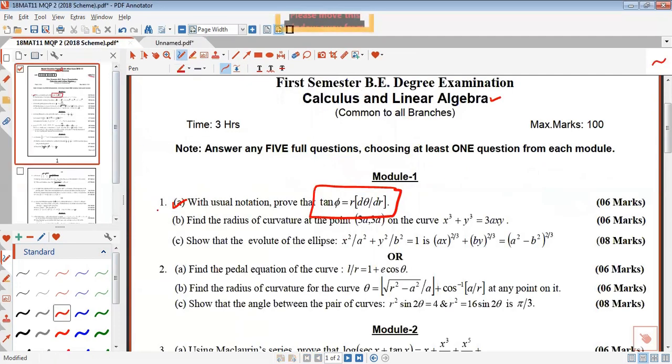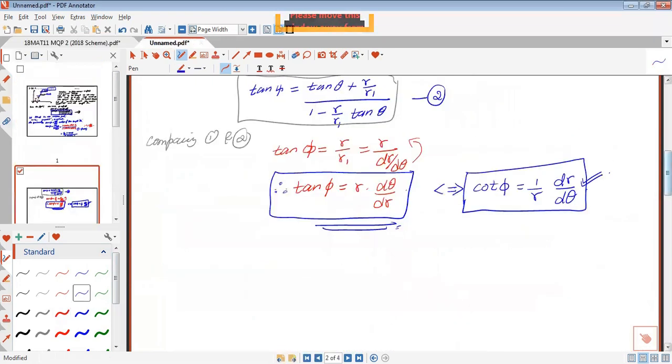Next, look at the second question. 1b, find the radius of curvature at the point 3a comma 3a on the curve x cube plus y cube is equal to 3a times xy. Let's solve this question.